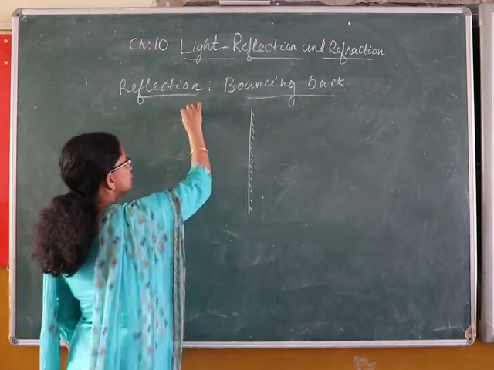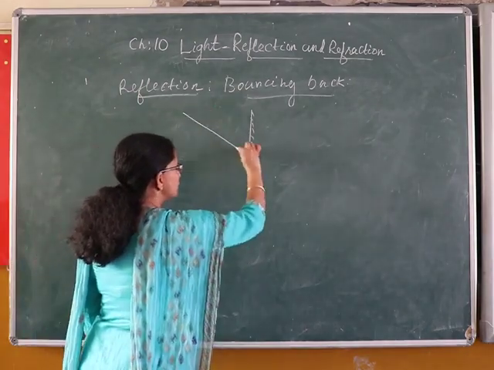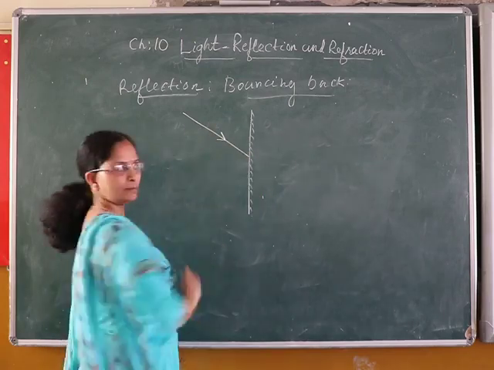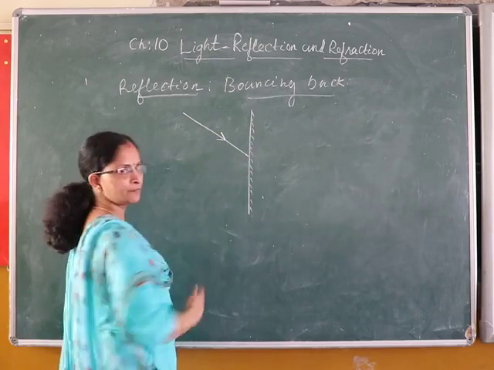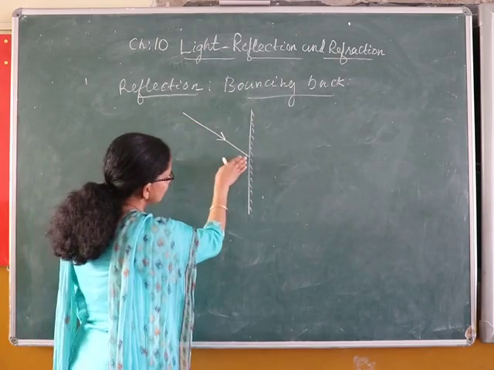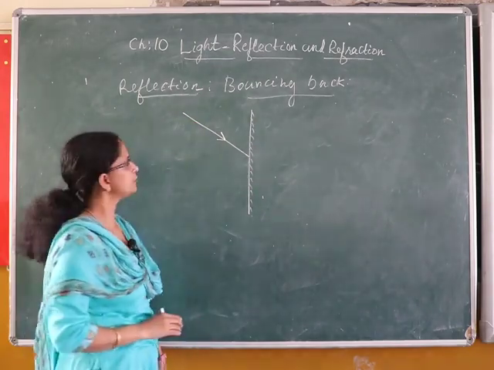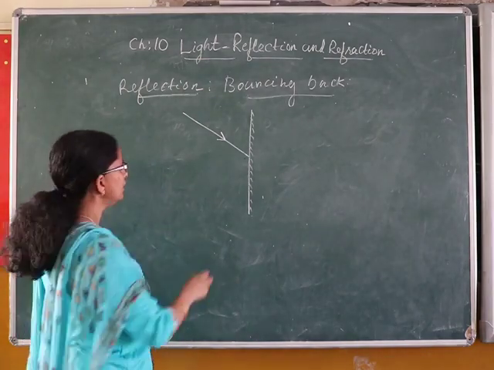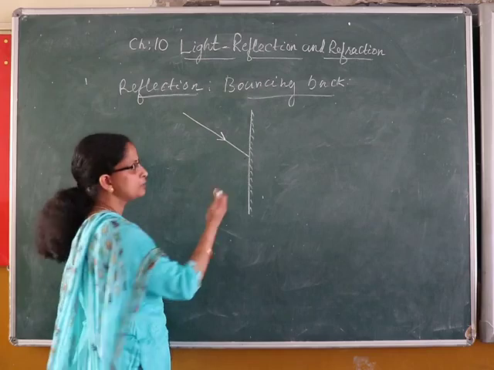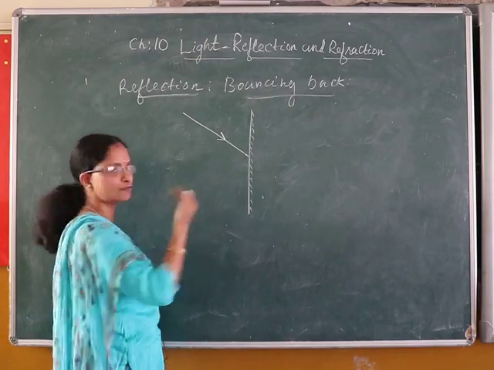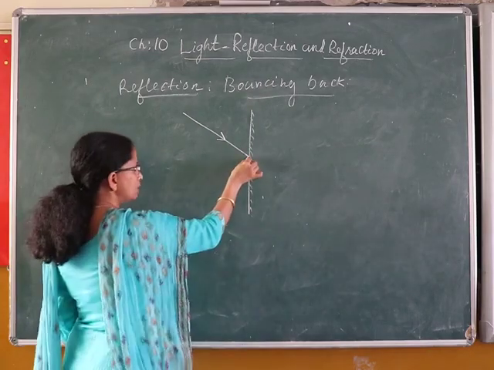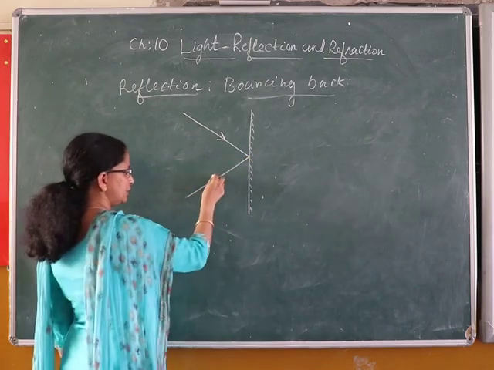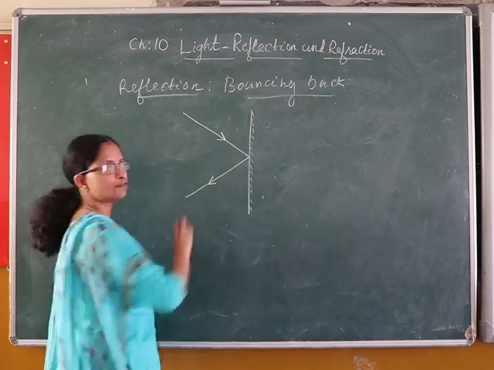Now, if a ray strikes that smooth polished surface, imagine this as a mirror, that ray which is striking the mirror is known as an incident ray. After striking, it bounces back, it gets reflected back, and the ray that is coming back after striking the mirror is known as a reflected ray.